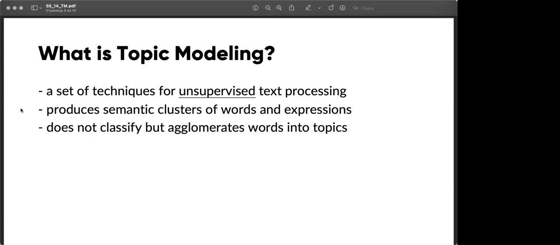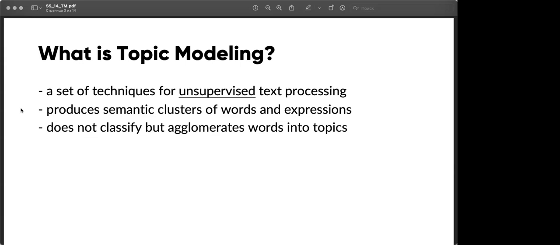I am putting words and expressions separately here because we can agglomerate words, cluster words together even before we form semantic clusters. We can produce, for example, bigrams, trigrams, so we can agglomerate different expressions into a single token. And those will also pose as a single token moving forward.